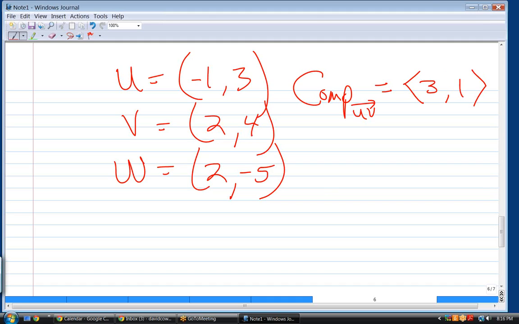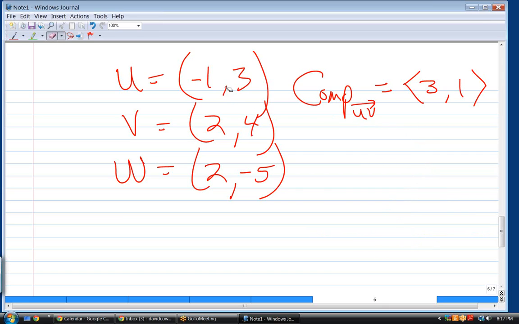I could also make V go to 0, 0 and then go to U, but then it's going in the opposite direction, and those are not equal vectors. If I have a vector like this, that's not the same vector as that vector there. They're going in different directions. Their angle would be 180 degrees opposite. So how we define the component really does matter.